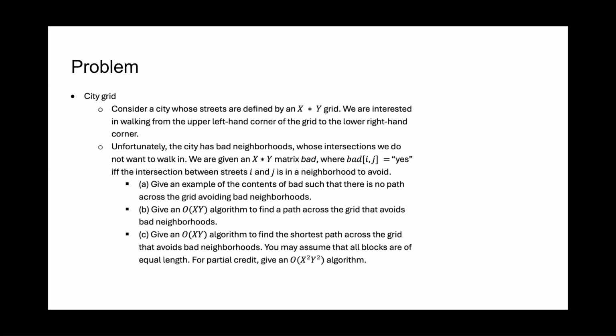Then there is to find an algorithm with time complexity xy to find a path across the grid while avoiding bad neighborhoods. And then the third question, which is to find an algorithm with time complexity xy to find the shortest path across the grid while also avoiding bad neighborhoods.